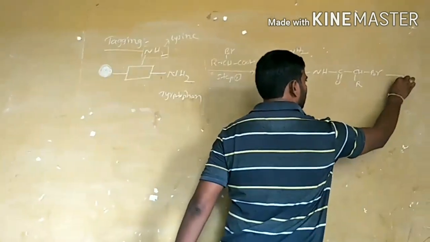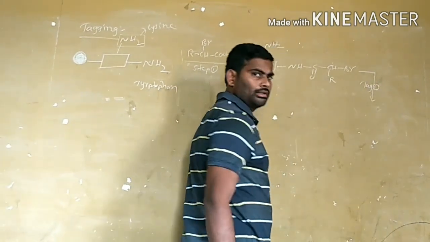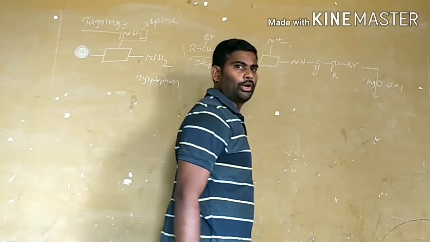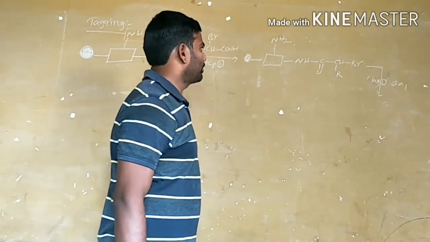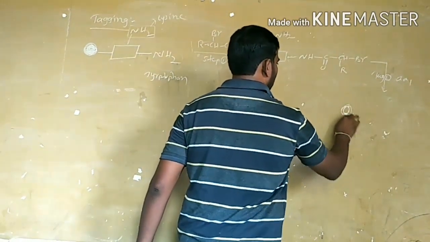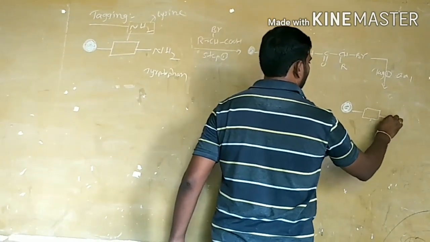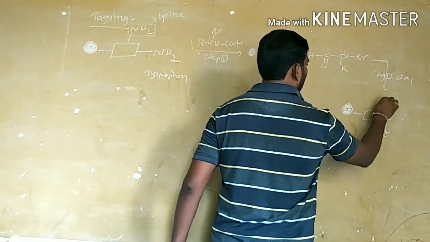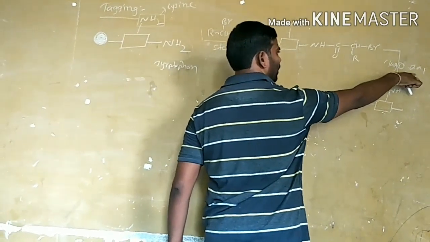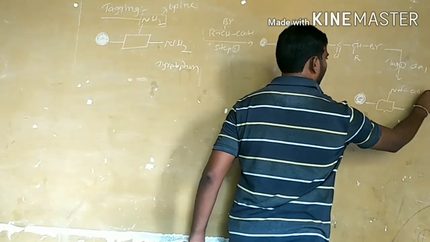Now tag 1 is added. What is tag 1? Amino acid 1. The first amino acid is added to tag 1, attached through the NH2 of amino acid 1.